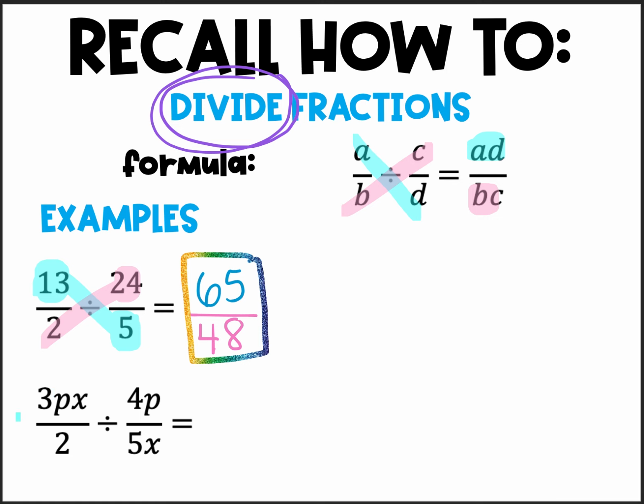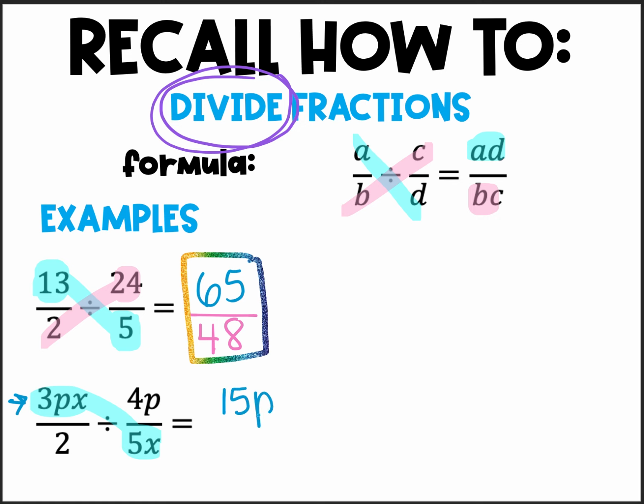If I want to divide 3px over 2 by 4p over 5x, cross multiply, that will be my numerator. Remember to start with the numerator in the first fraction. 3px times 5x, we had already done it.